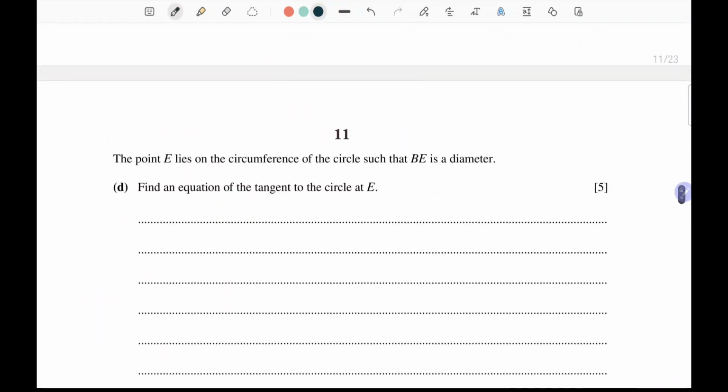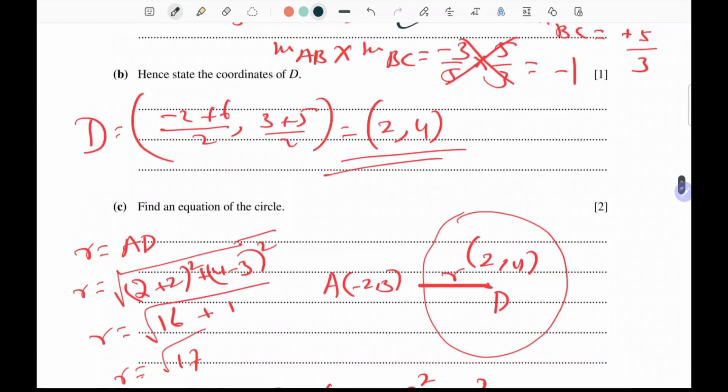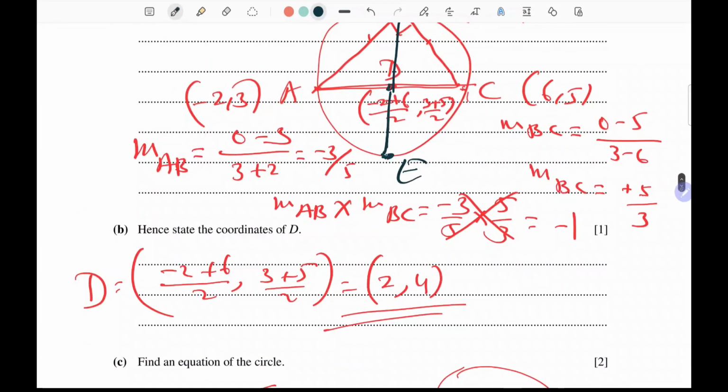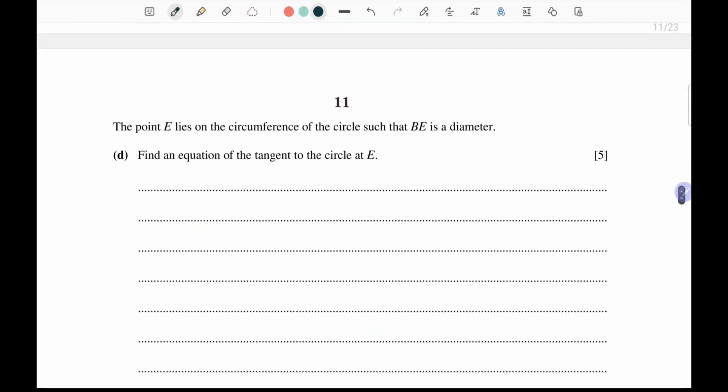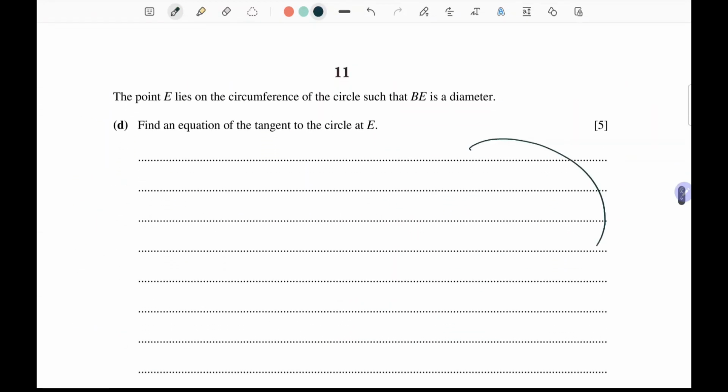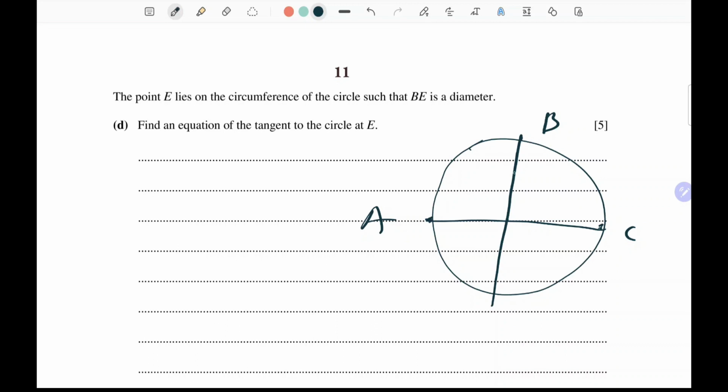Find the equation of the tangent to the circle at E. Oh, we need to find the equation of the tangent. Okay, let me draw a figure here. According to the previous diagram, this is A, this is B, this is C, this is the center, this is D, and this is E, and we have to draw the tangent.